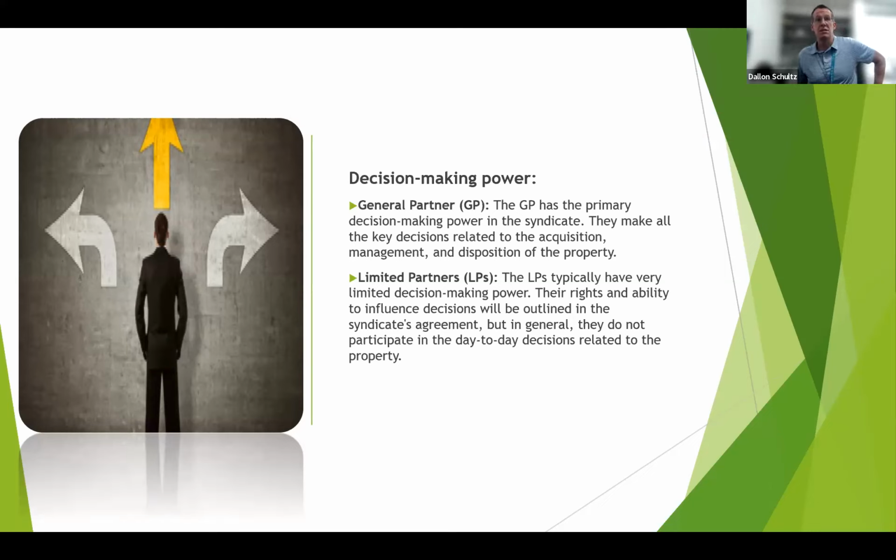Or they're running the business into the ground, and they are blatantly and obviously not doing the right thing. Then the limited partners can come together and start making some decisions on replacing the manager, AKA the general partner.